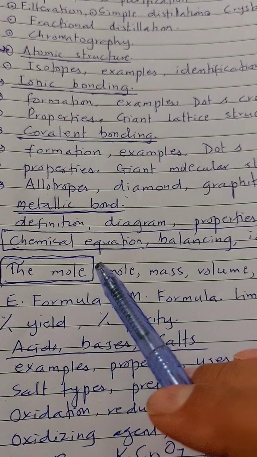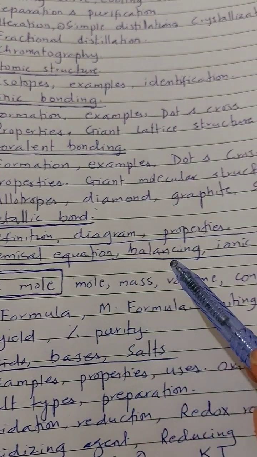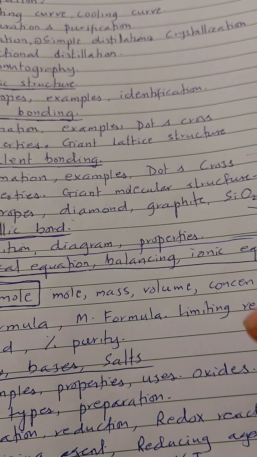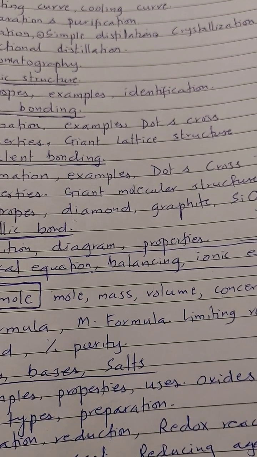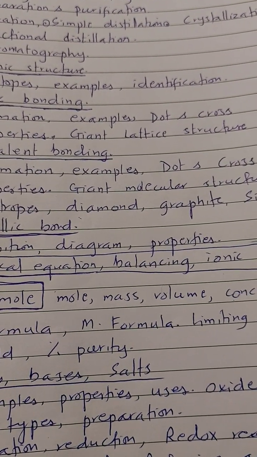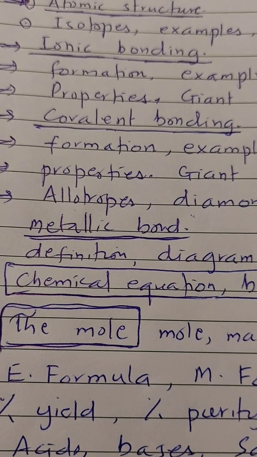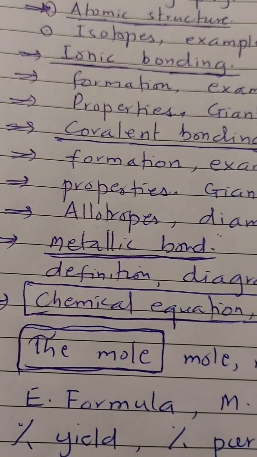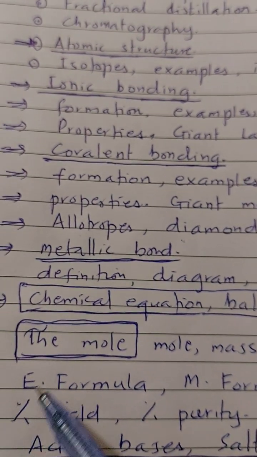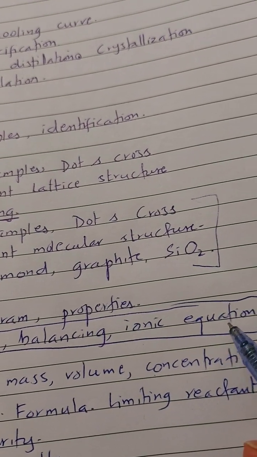Then we will discuss one of the very compulsory questions, which is the chemical equation, and in this they will give some chemical reactions, and you have to form the chemical equation. Then we will discuss balancing the chemical equation and the ionic equation.